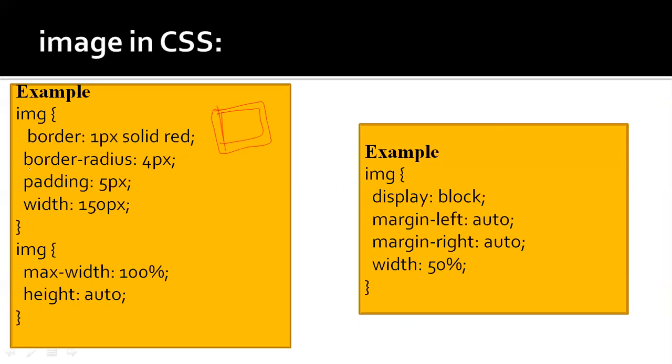If I write border radius colon 4 pixel, it specifies that the radius of an element corner will be in the form of some rounded shape, just like this.